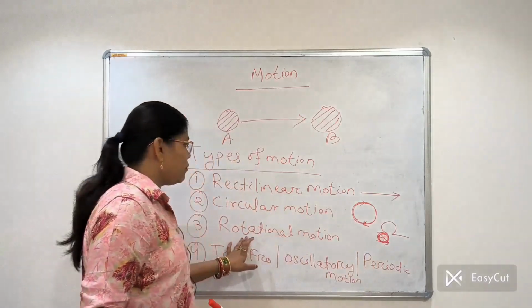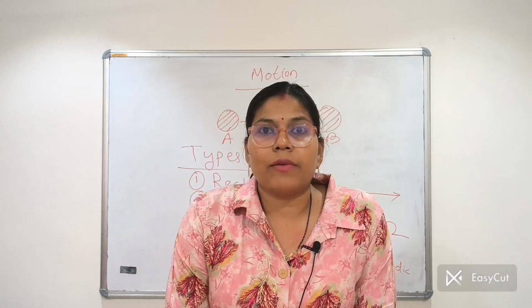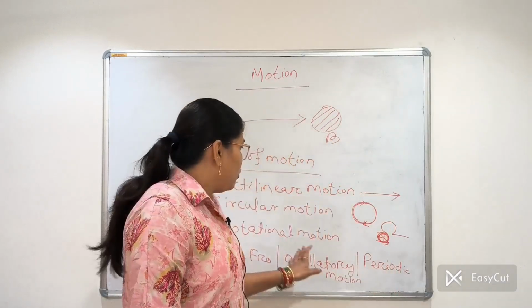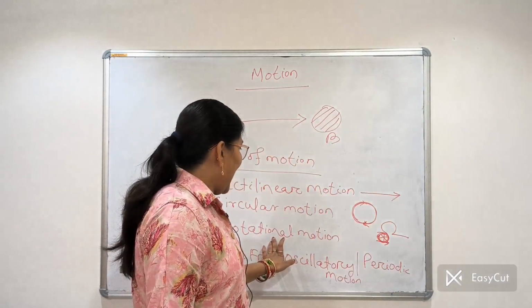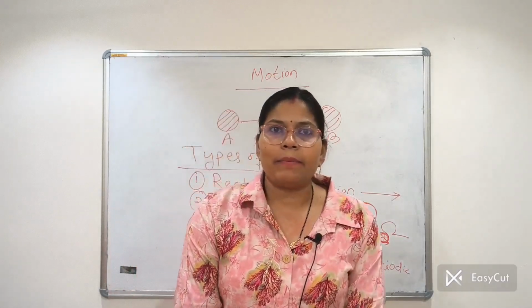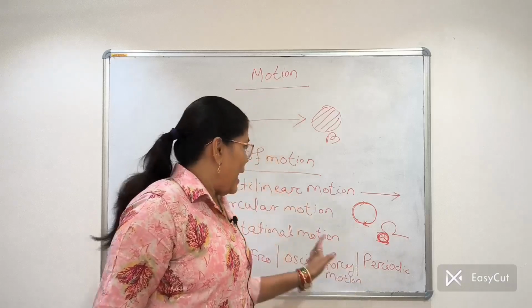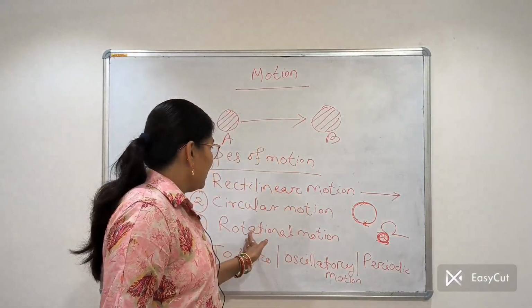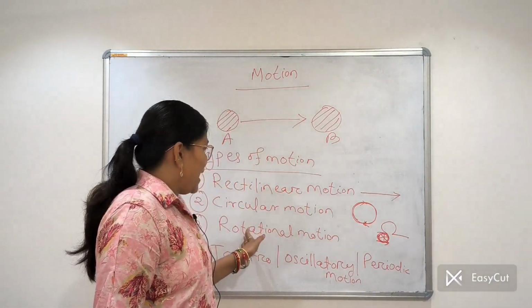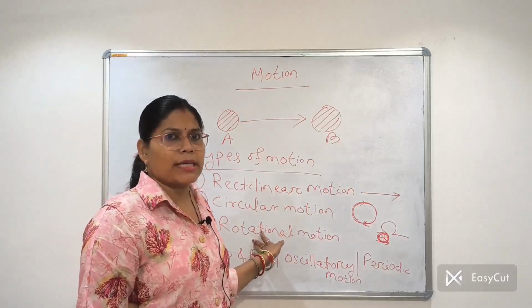Then what is rotational motion? A simple example is the motion of a fan. That means the motion about an axis is known as rotational motion. All planets are revolving around the sun. That means there is an axis about which the planets are revolving around the sun, which is also an example of rotational motion.